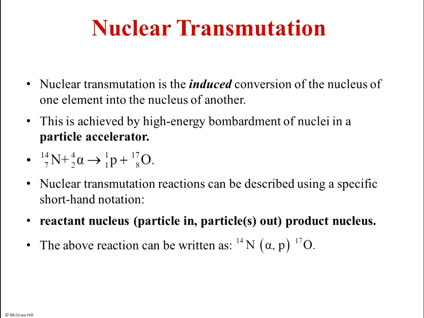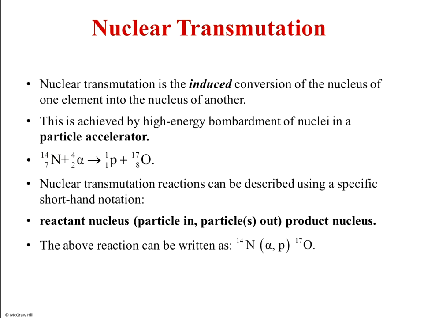But humans can do this as well. We can do this with high-energy bombardment of nuclei in what we call a particle accelerator. So for example, we can take nitrogen-14, bombard it with alpha particles, and produce oxygen-17 with a proton being released. Nuclear transmutation reactions can be described using a specific shorthand notation. This is their version of a chemical reaction.